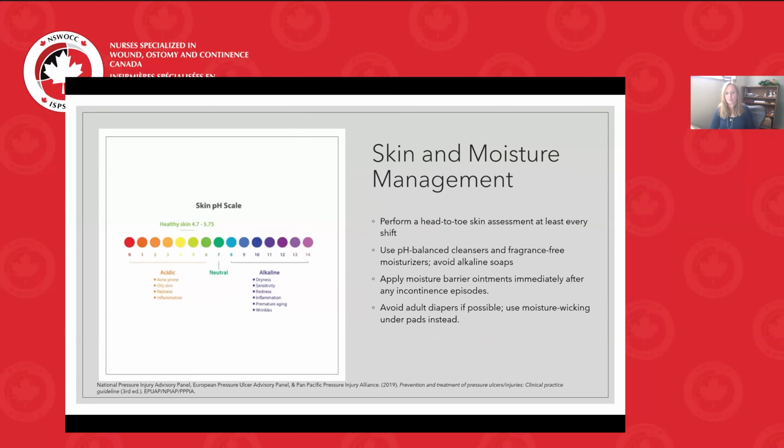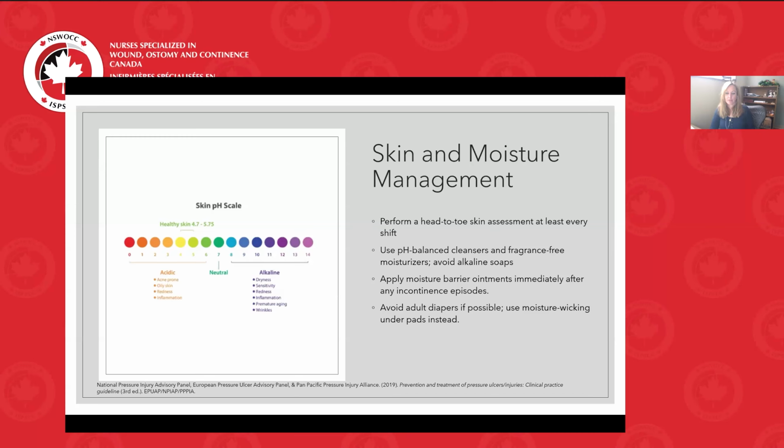So when we talk about skin and moisture management, and you're going to see this again a little bit later on in the slide presentation, it's important to know the pH of the skin and the scale. So we know patients that do not have balanced pH, we know wounds are often a little bit more on the acidic side, or some are on the alkaline side.